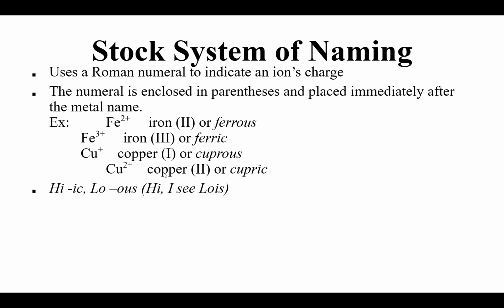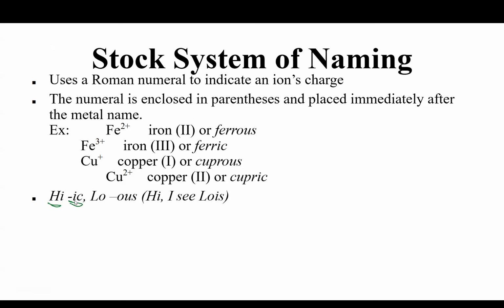And she taught me the "high-ic, low-ous" rule, meaning if it's the higher charge, it's going to end in -ic. So Fe3+, that's a higher charge, it ends in -ic. Copper 2+ has a higher charge, it ends in -ic.